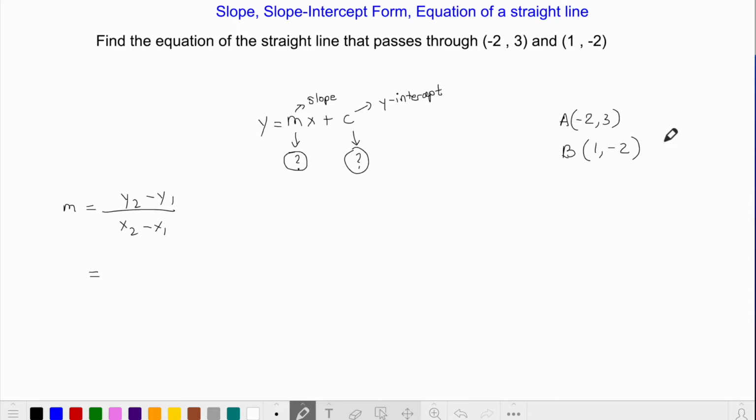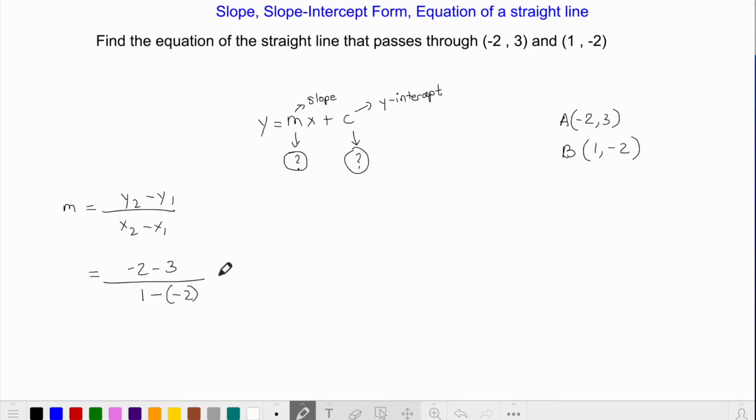For convenience, I will use B as point 2, so I will plug in y2 as -2 minus y1, which is 3. And x2 is 1 minus x1, which is -2. I always prefer to put brackets when we have 2 signs.